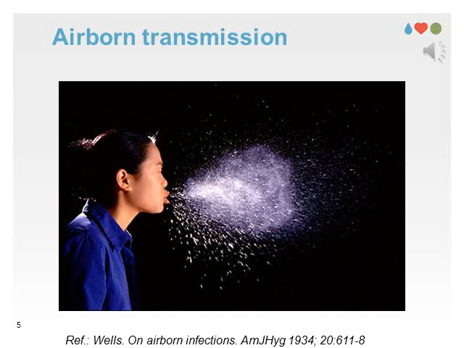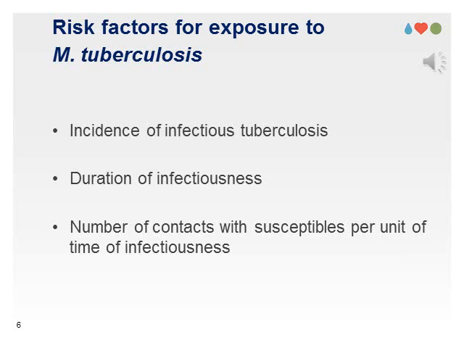Exposure is difficult to measure and therefore not commonly used, but it is possible by air sampling with quantitative PCR examination. A well-known determinant for exposure to Mycobacterium tuberculosis is the number of infectious cases in the surroundings, for example measured as the incidence of smear-positive tuberculosis.